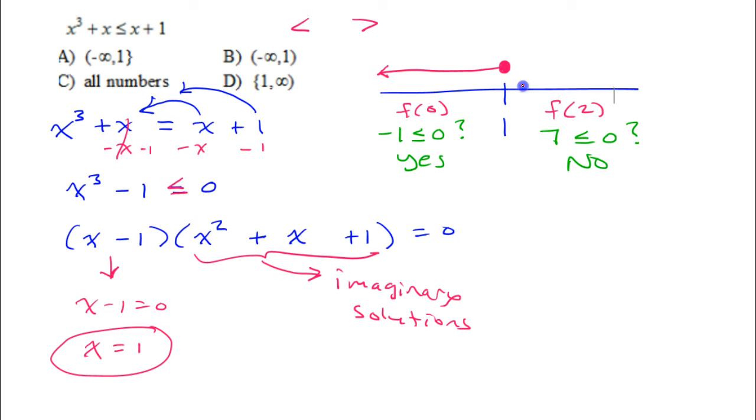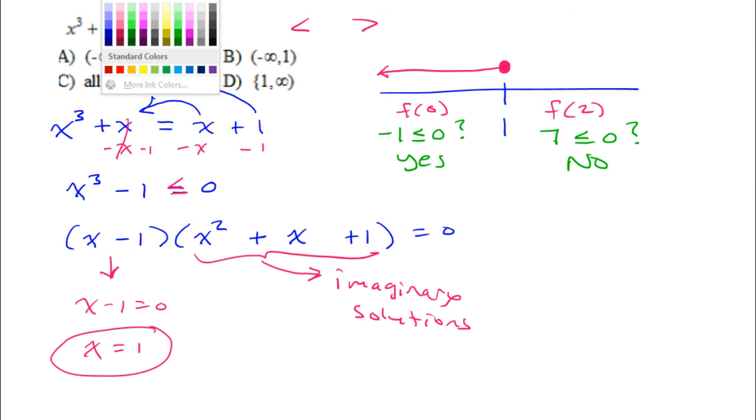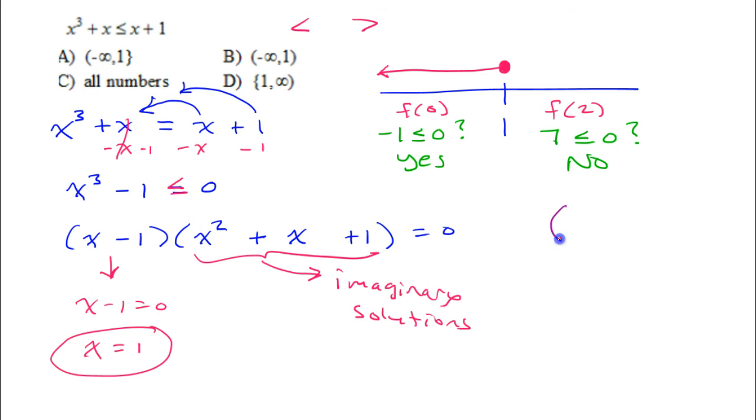But ultimately we need to write our answers in interval notation. So looking at this arrow, we have solutions coming in from -infinity to 1. So the final answer is going to be -infinity to 1.